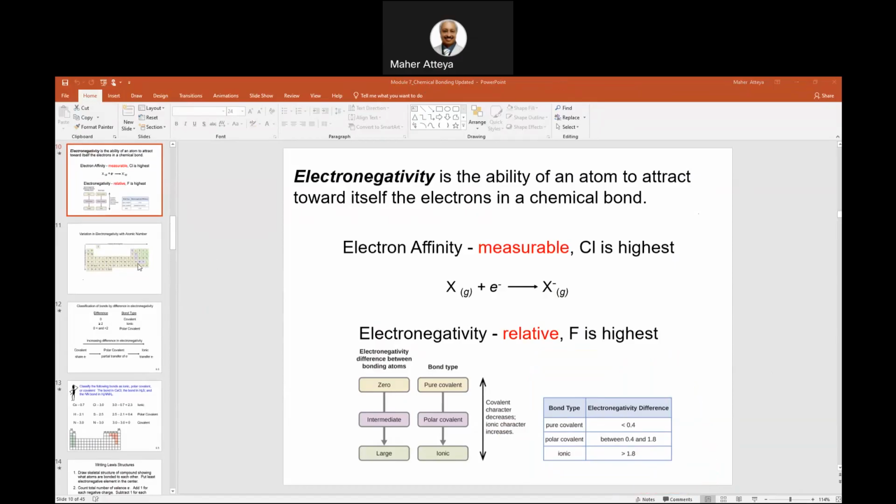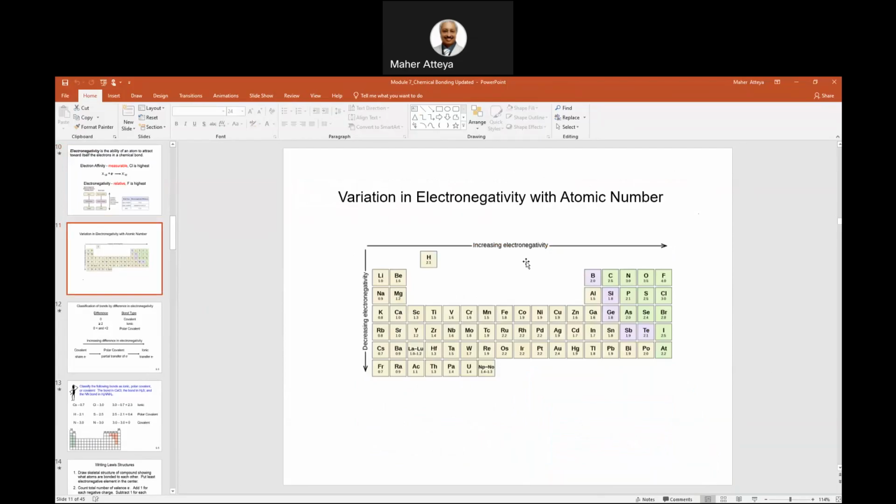So let me look at this table here. If I have, for example, HF, tell me if it's polar or non-polar. The fluorine is 4.0.